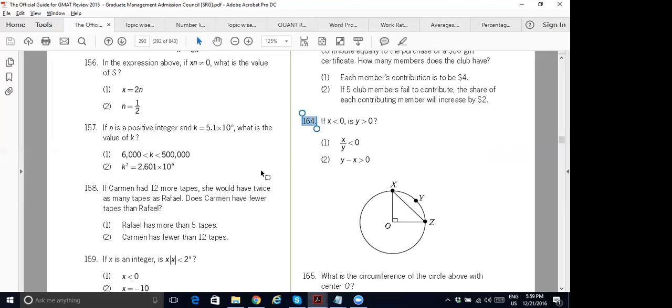That is true. Very good. And in statement two, if x is... we don't know.